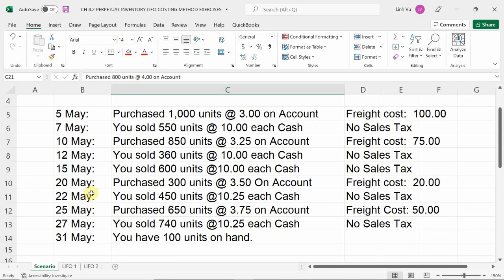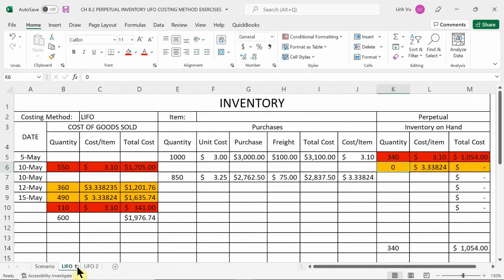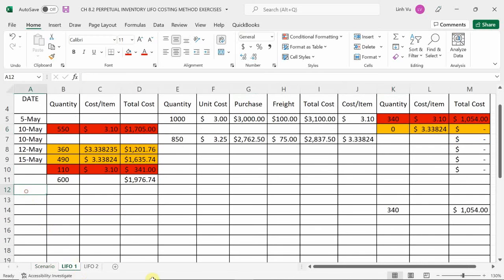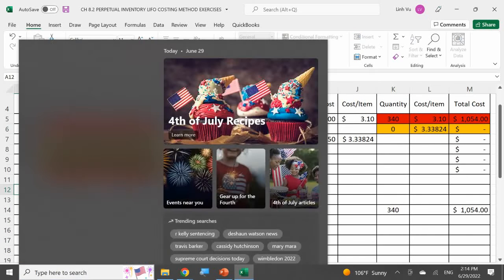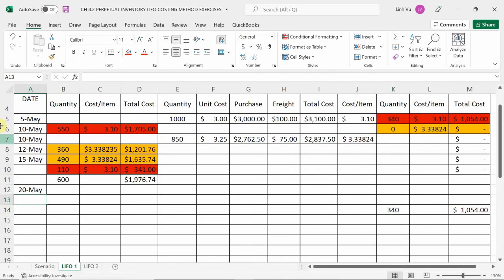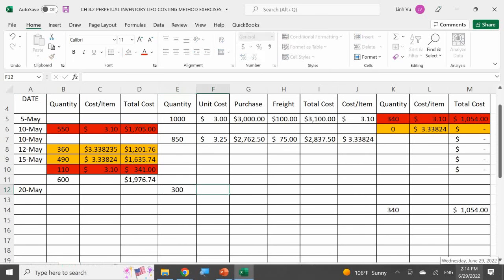May 20th. I purchased 300 units at $3.50 with a freight of 20. So what's my total purchase price here? $1,050.